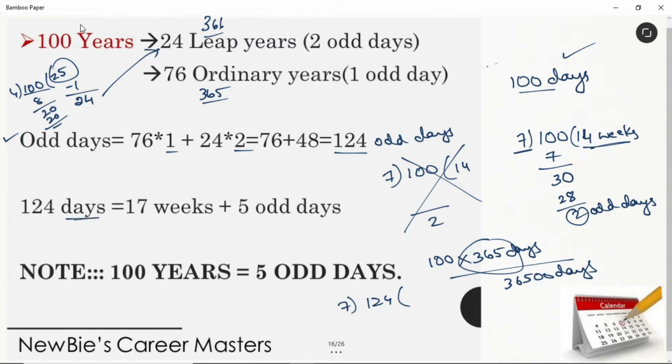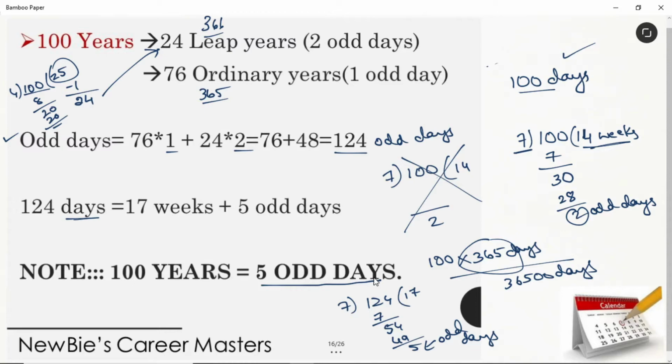We have converted these years to days. Okay? Then 7 ones are 7, 54. 7 sevens are 49. 5 is the remainder. That means 5 odd days. See, 100 years, 5 odd days. Am I clear, everyone? Very simple.